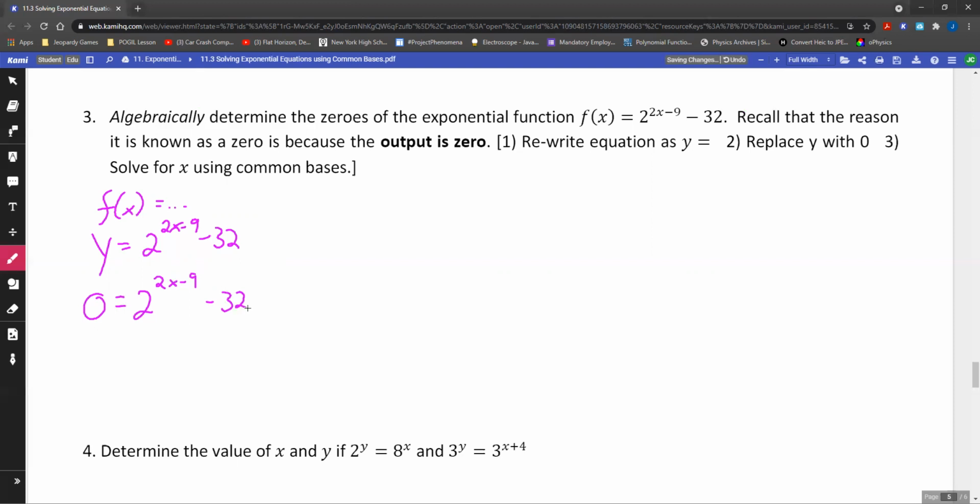And then we need to kind of move things around. Like we need to get only one term on each side. So this 32 has to actually be added over. So we get 32 equals 2 to the 2x minus 9. 32 can be rewritten as, sorry, 2 to the power of 5.